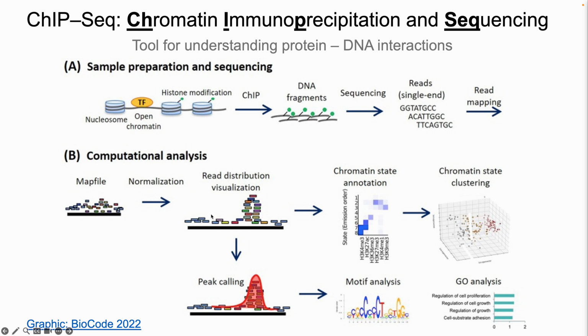There are some normalization steps, which I won't get into, but at the end of the day, if you were scanning along the genome, you would expect that if your experiment worked, you should have these piles of reads that came from the places in the genome where the protein was attached. That's the basis of this whole experiment.